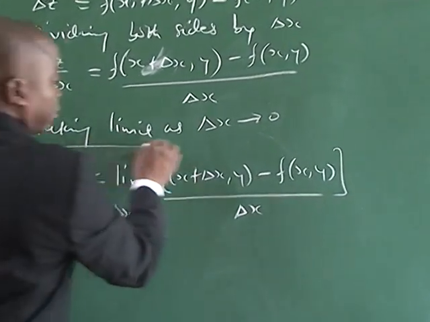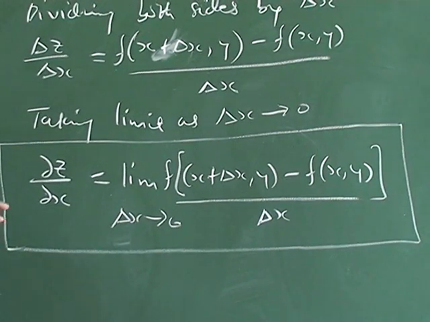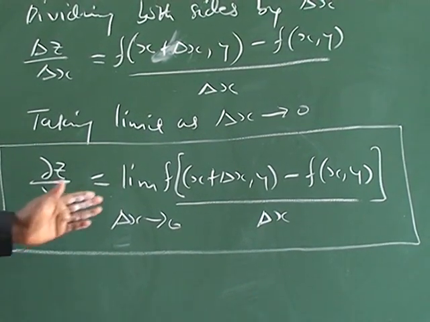Now look at the definition. We are able to show the definition now of partial z partial x is equal to this.